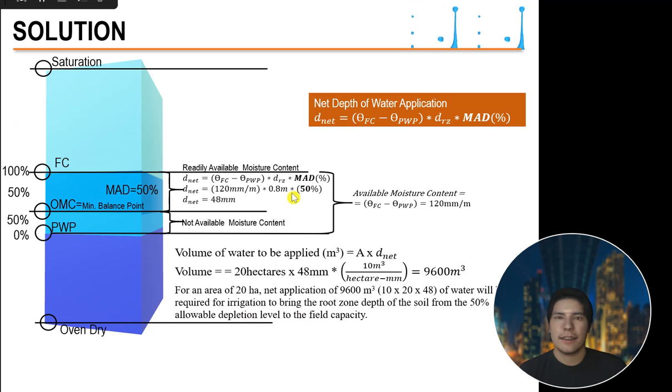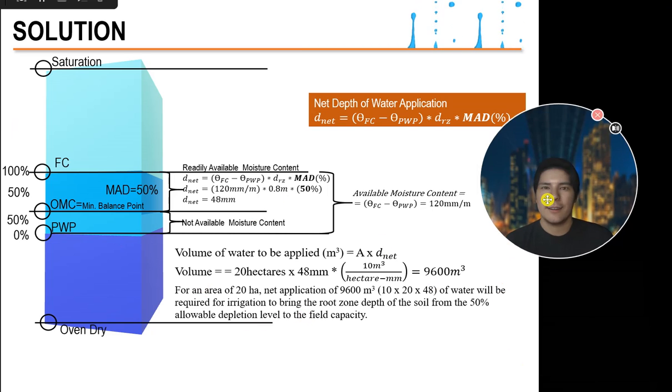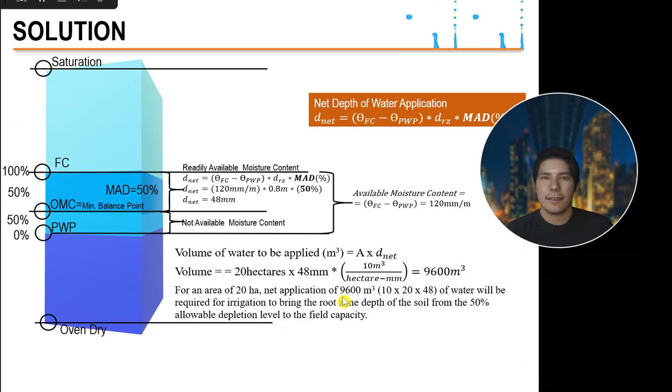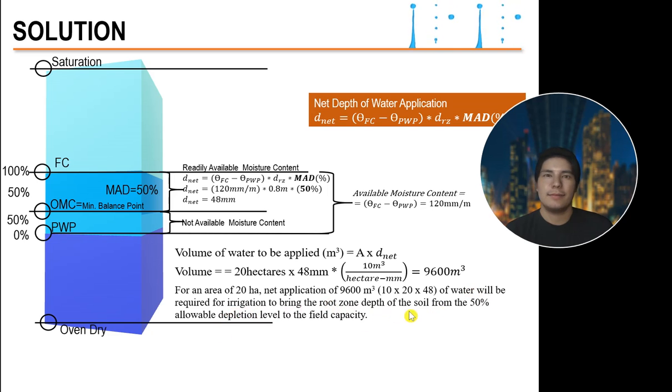So for an area of 20 hectares, a net application of 9,600 cubic meters, which is 10 by 20 by 48, of water will be required for irrigation to bring the root zone depth of soil from the 50% allowable depletion level to the field capacity.